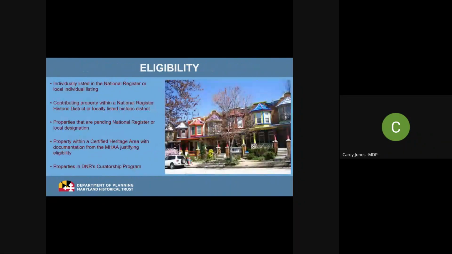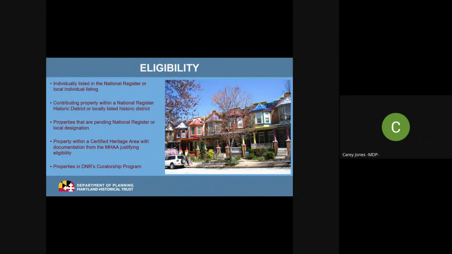Next slide, please. There are a few different ways a property can qualify for the program. In order to be eligible for the program, the property has to have one of these designations: individual listed in the National Register or individual local listing, a contributing property within a National Register historic district or a locally listed historic district, properties that are pending these designations, properties within a certified heritage area with documentation from the Maryland Heritage Authority justifying the eligibility, and properties that are in the Department of Natural Resources curatorship program.